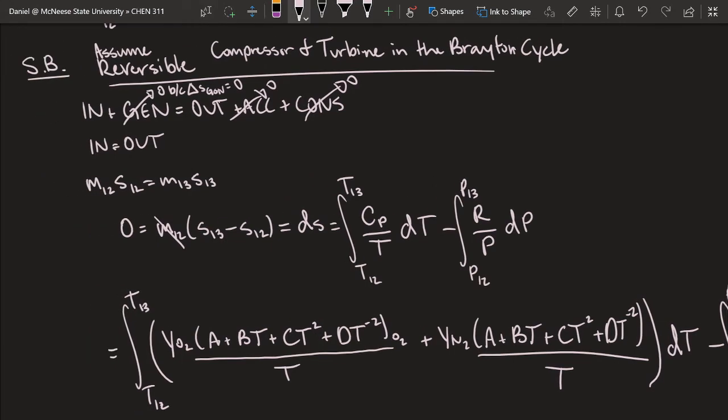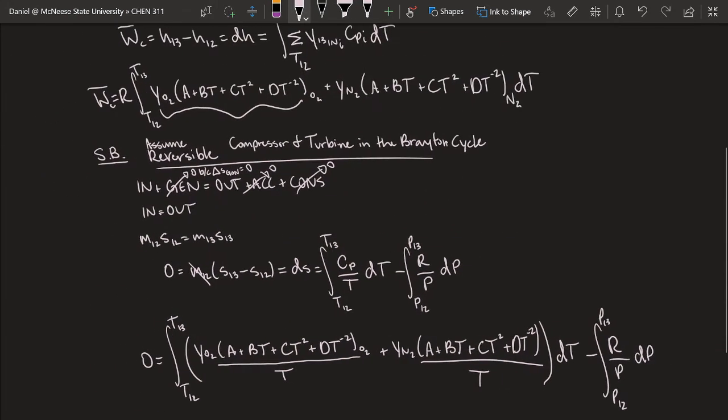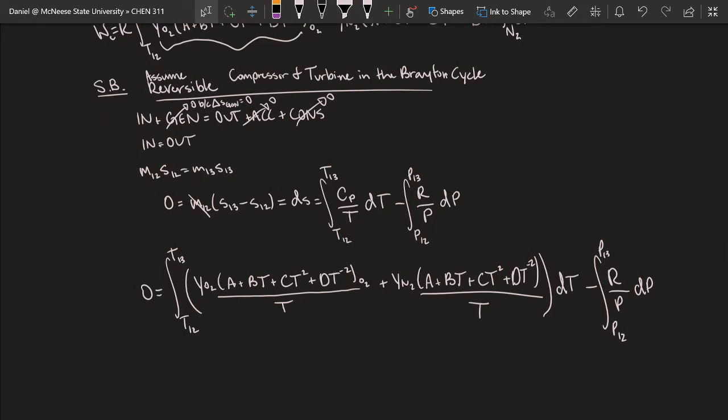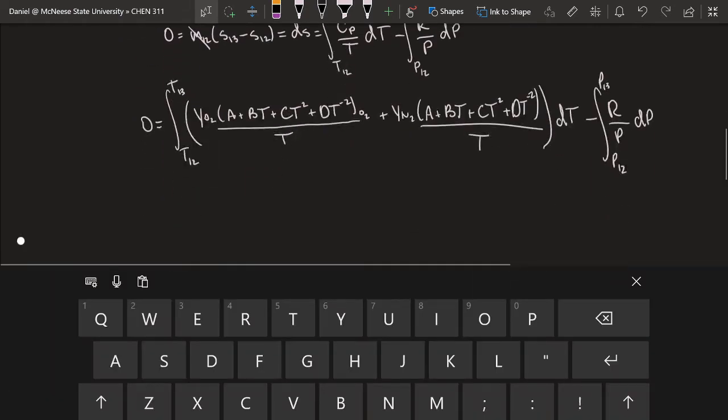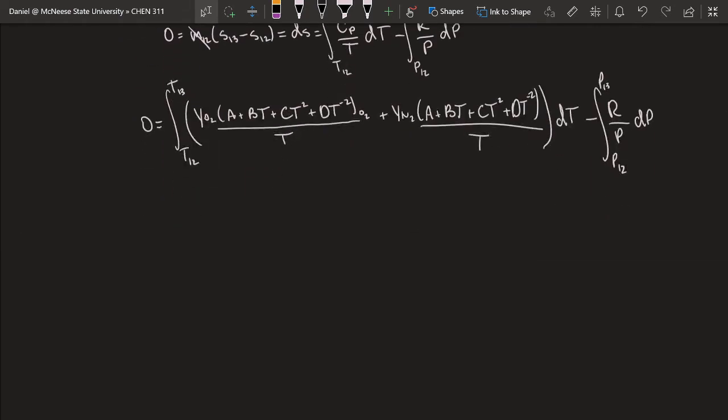I don't know if there would be. There might be. Who knows? Because if you did assume that there was delta S, you'd have 3 unknowns and 2 equations.